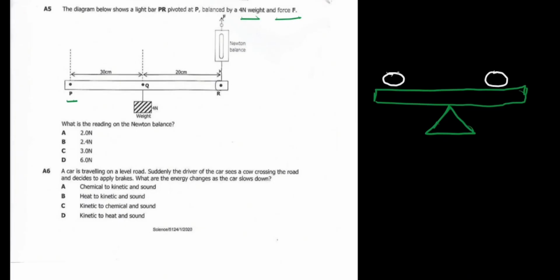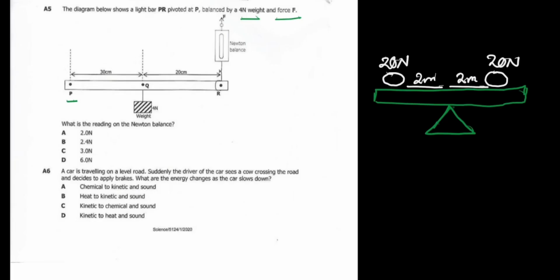So this object is having the weight of 20 newtons, and this one is also having the weight of 20 newtons, and the distance from the pivot is actually the same. Let's say it is 2 meters and here it is 2 meters.